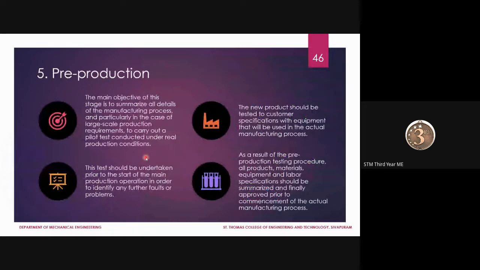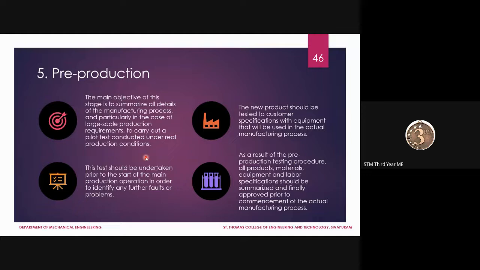And the final one, pre-production, where we produce the product on the basis of that manufacturing draft, and then a sufficient number of products is sent to the customer, who then gives feedback.